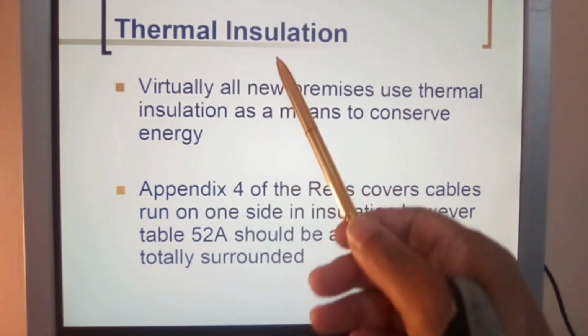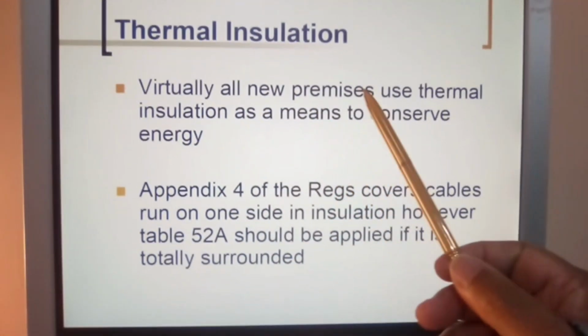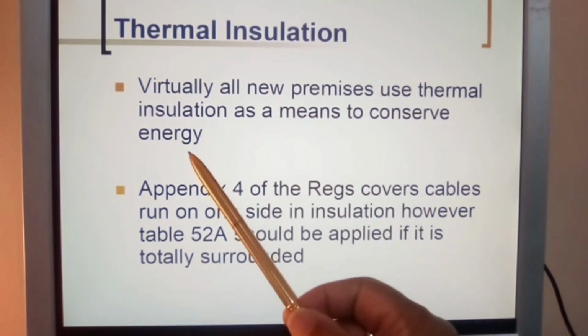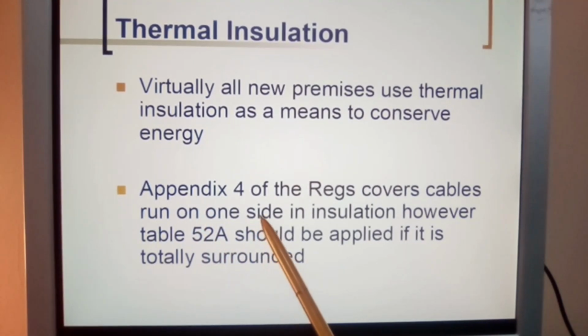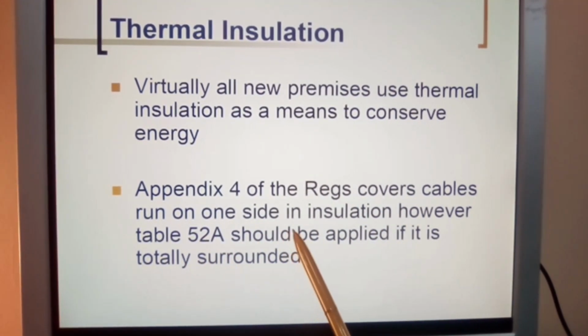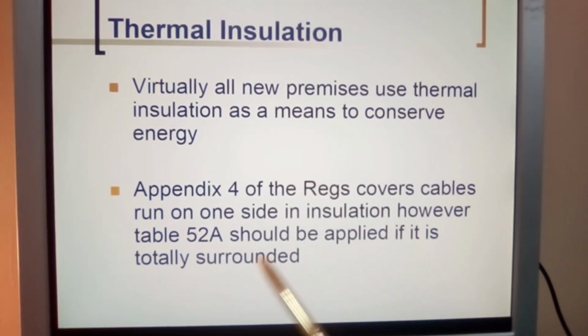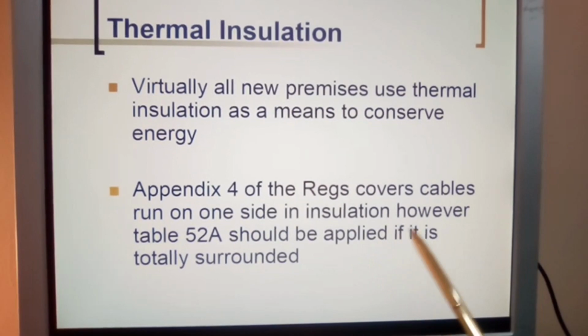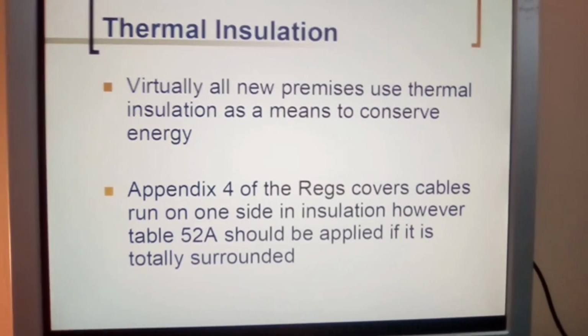Now, thermal insulation. Virtually all new premises use thermal insulation as a means to conserve energy. Appendix 4 of the regs covers cables run on one side in insulation. However, table 52A should be applied if it is totally surrounded.